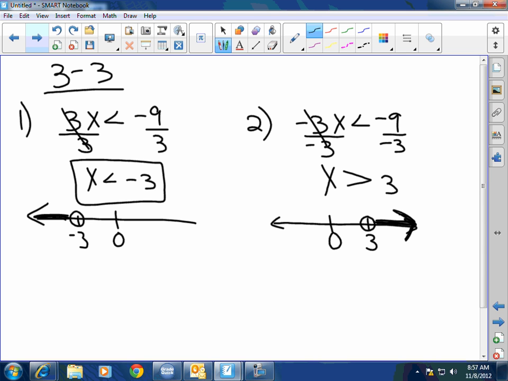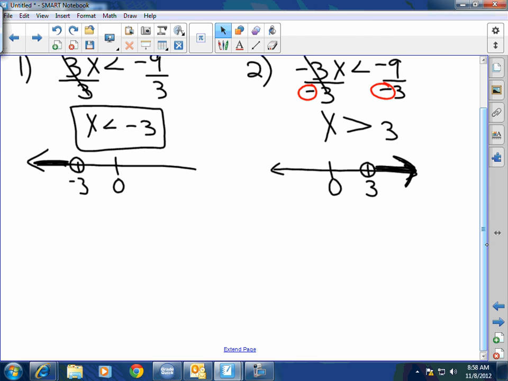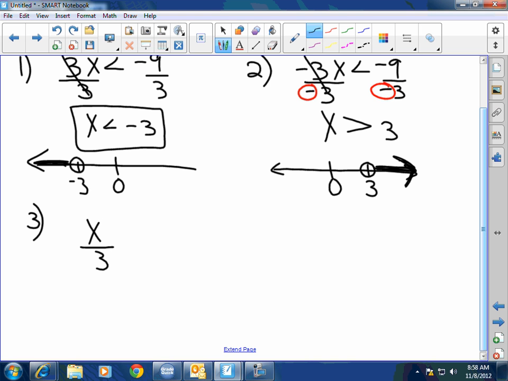Whenever I divide by a negative, that's when I flip it. Or when I multiply by a negative. For example, now I'm going to be showing you in example 3, multiplying to a negative, which does not change the sign. X over 3 is less than or equal to negative 2.